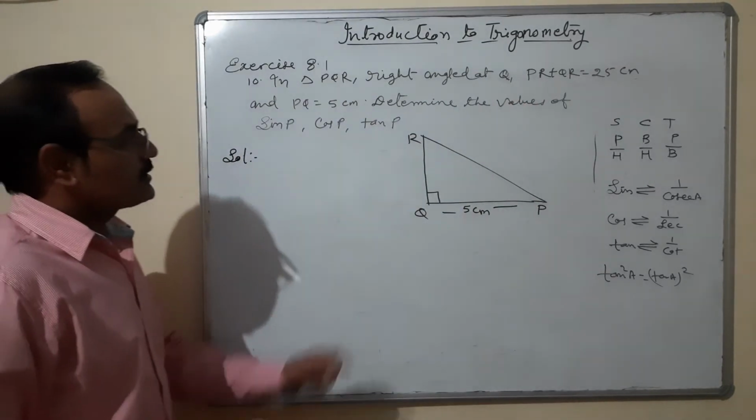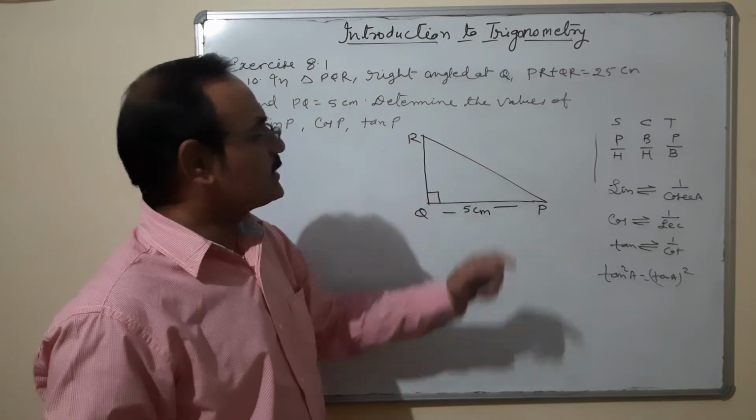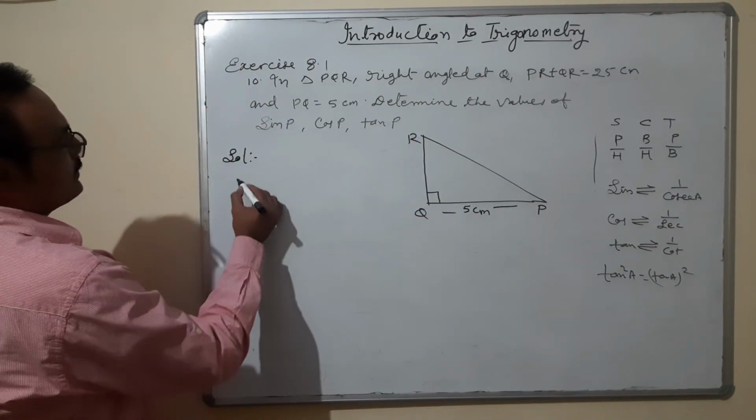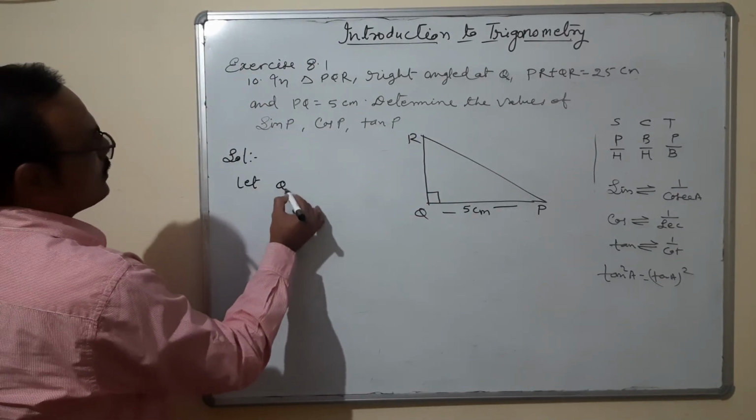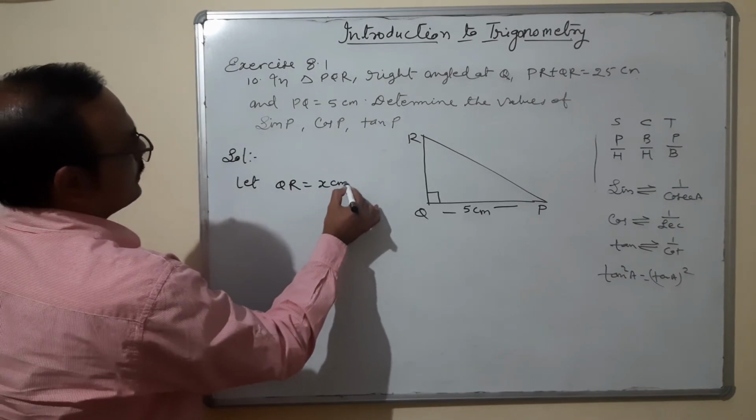The sum of these two sides is given as 25, so one side I'll consider, let QR be equal to x centimeter.